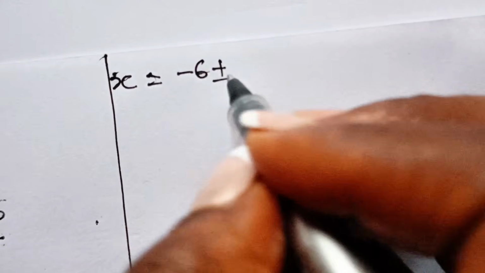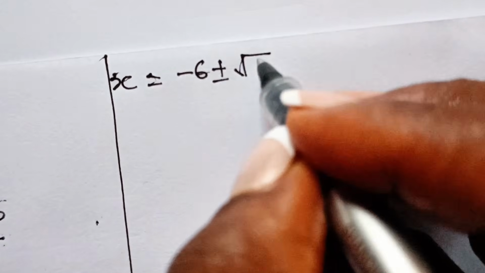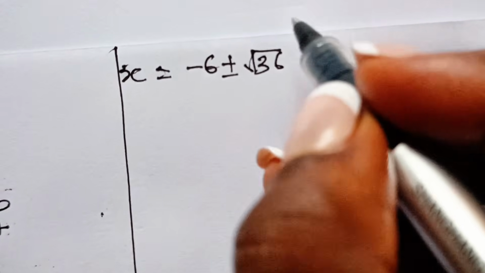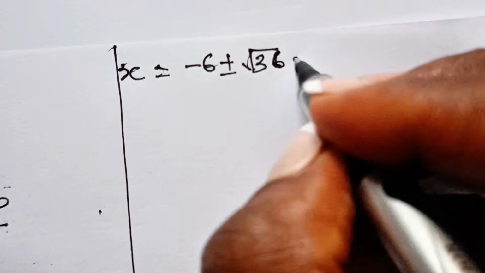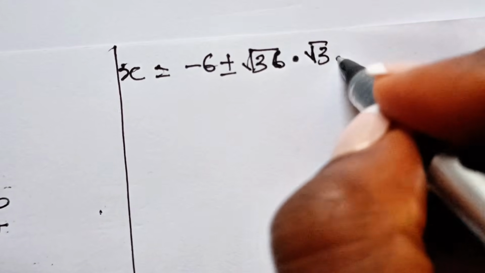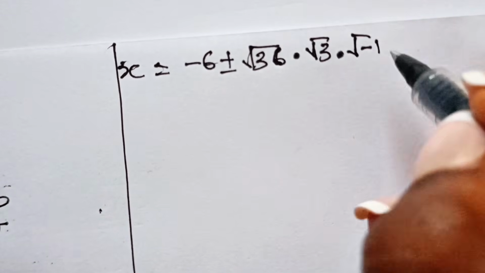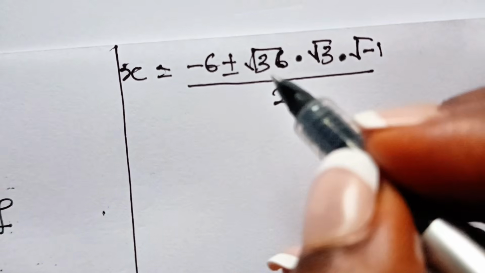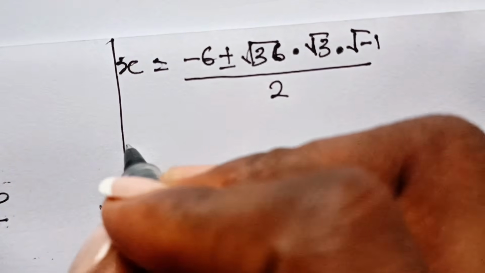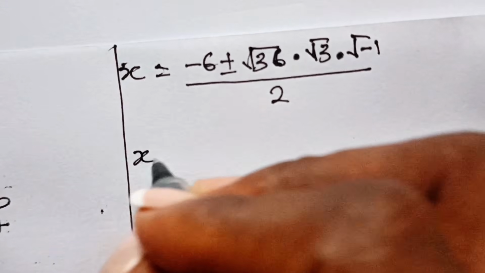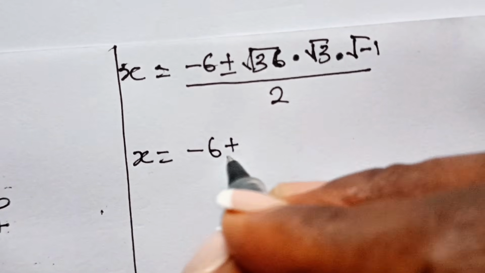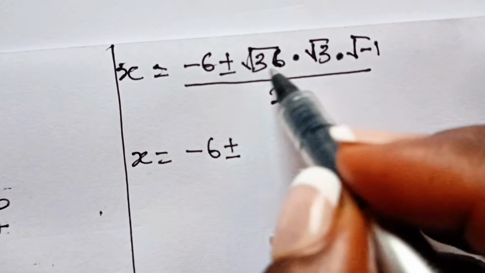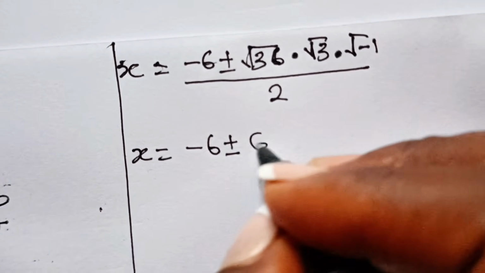So if we go further, then we have x is equal to negative 6 plus or minus, and repeating the last thing I wrote so that we can all follow: root 3, multiplied by root negative 1, everything divided by 2. So moving forward, we'll have x is equal to negative 6 plus or minus square root of 36 will give us 6.